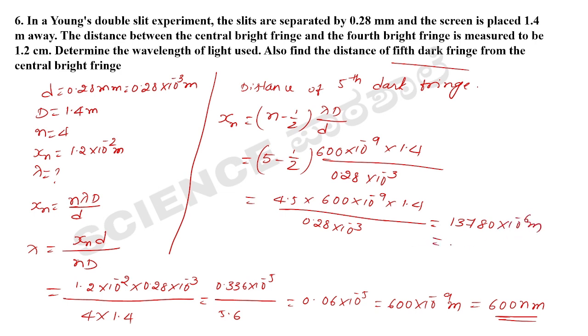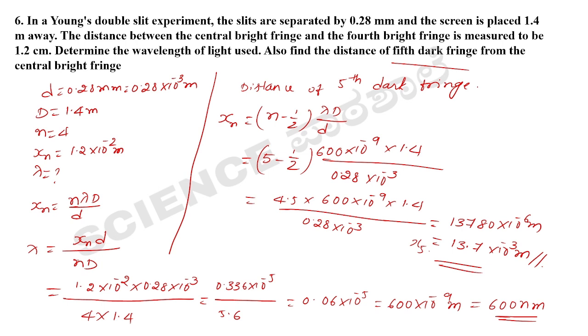So it is equal to 13.7 into 10 raised to minus 3 meter. Okay, so this is how we have to calculate. This is x5. Okay, note down the readings. Please do your calculations. I might be wrong.